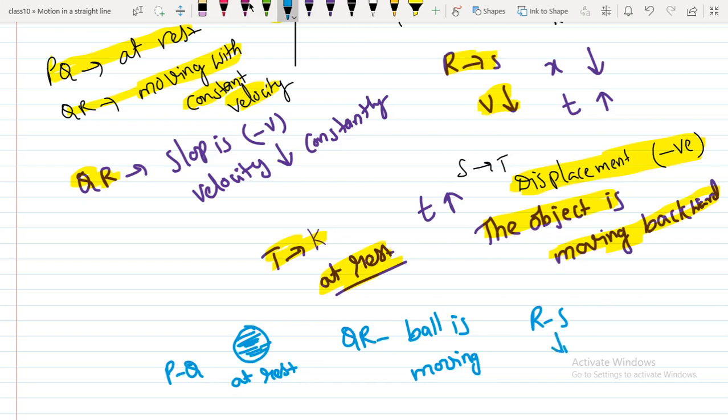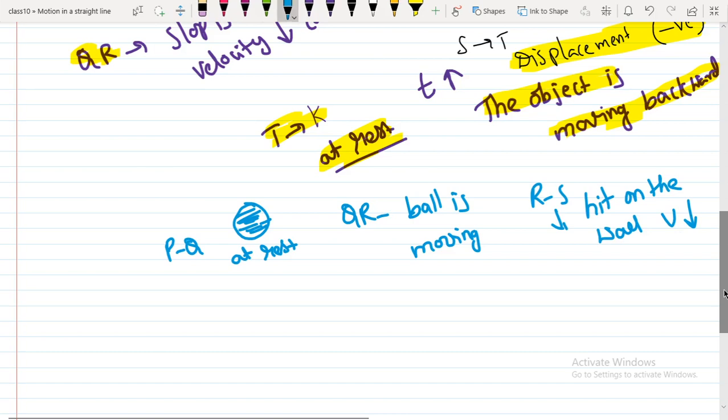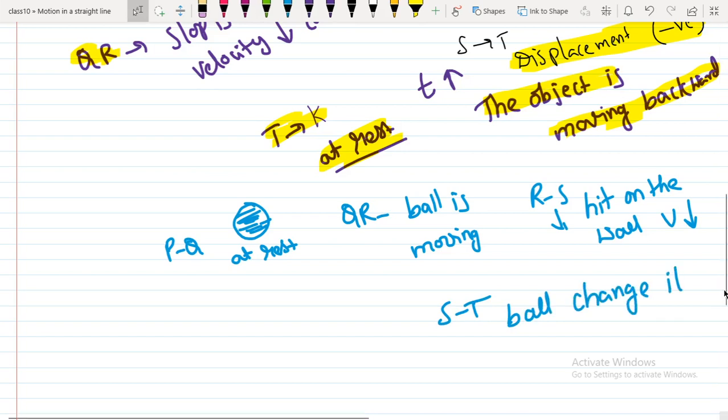That's the reason the ball's velocity decreases. After hitting the wall, the ball changes direction, so from S to T the ball changes its direction.